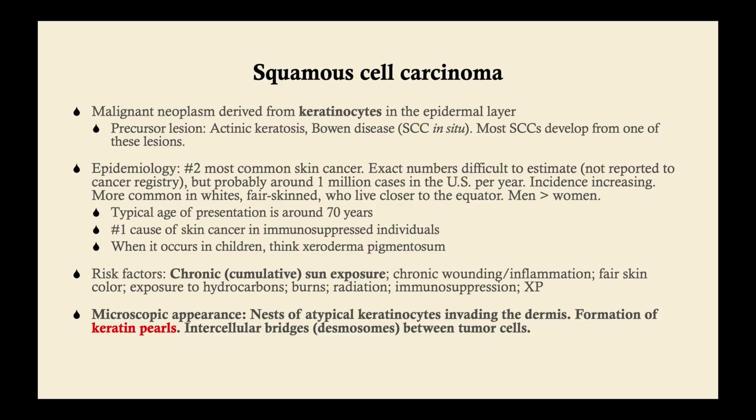You may see them in squamous cell carcinoma of the esophagus. So it's very characteristic of squamous cell carcinoma, but obviously you're going to know the difference on the USMLE based on clinical history. It should be fairly obvious on a vignette whether you're dealing with skin cancer or esophageal cancer. But when you have squamous cell carcinoma, you've got to think keratin pearls, and you will see a very obvious picture.